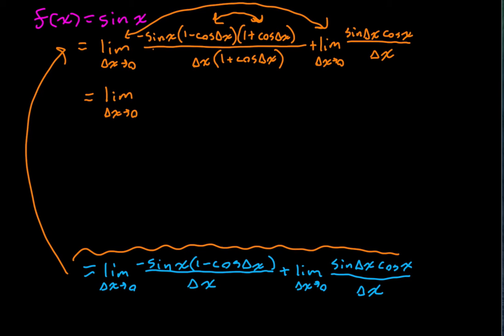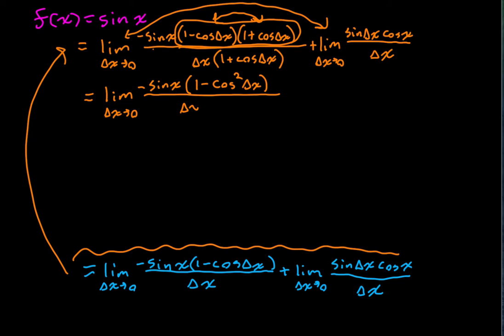So this is going to be the limit as delta x goes to 0 of negative sine of x times, we know from algebra that these will multiply out to be 1 minus cosine squared of delta x divided by delta x times 1 plus cosine of delta x. And then we're adding the limit as delta x goes to 0 of sine of delta x cosine of x divided by delta x.